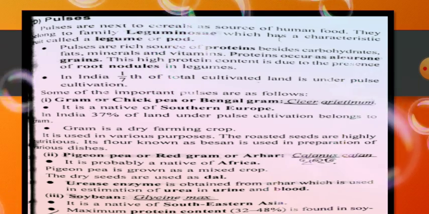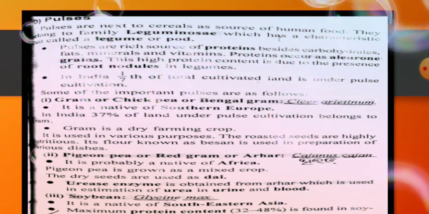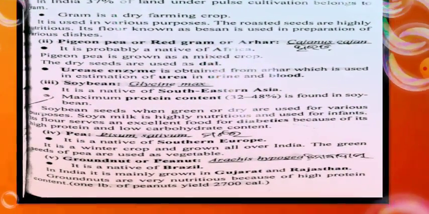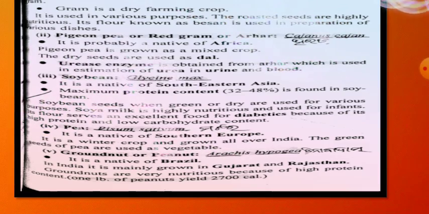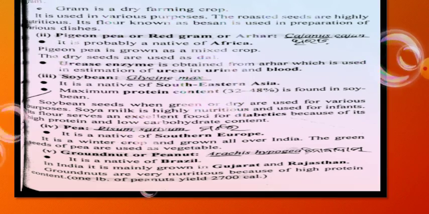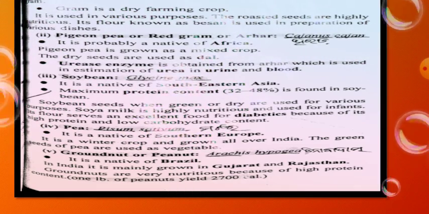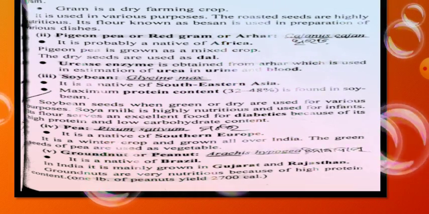Next comes the soybean, which most of you use in our daily life. Its botanical name is Glycine max, and it is native to southeastern Asia. A maximum protein content of 32 to 48% is found in soybean.